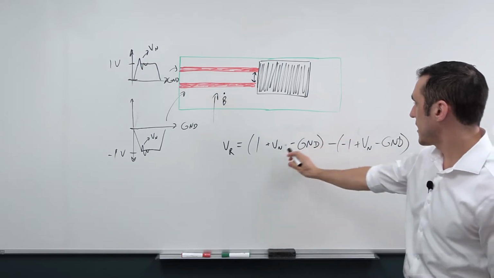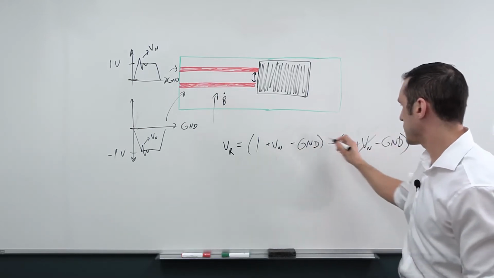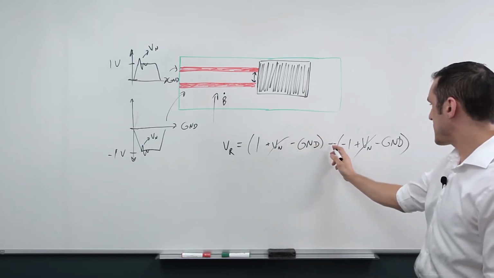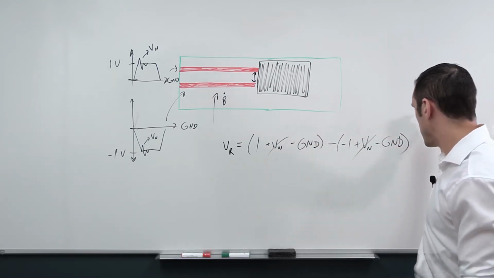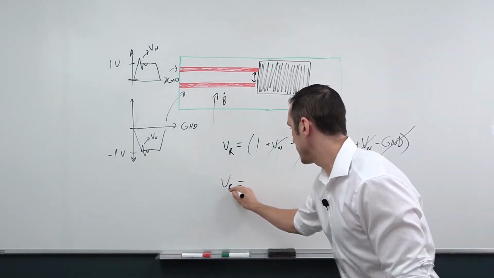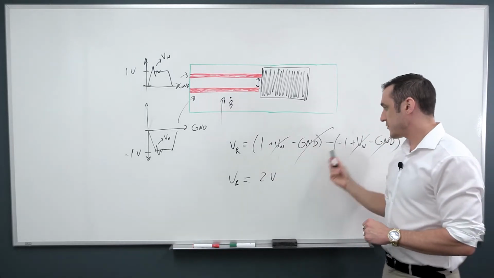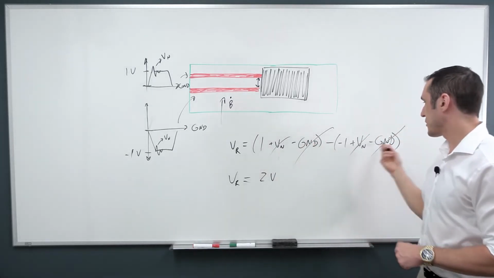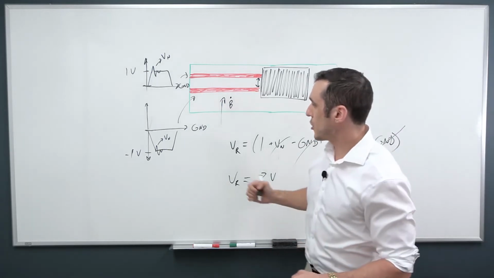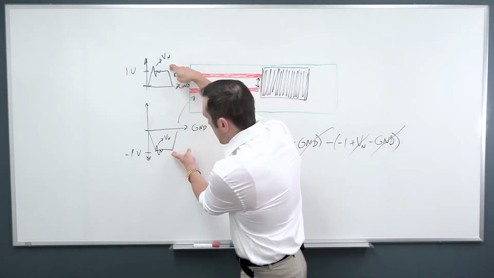And so again, I've got positive noise voltage, negative noise voltage, so those cancel. Negative ground, and then minus a negative ground, so that's positive ground. Those cancel. And so again, I'm back to V sub r equals 2 volts. That's just coming from 1 minus -1. I get back to 2 volts. These other terms all cancel out and they're gone. And so I'm able to read out just the difference between these two levels because they're equal and opposite.